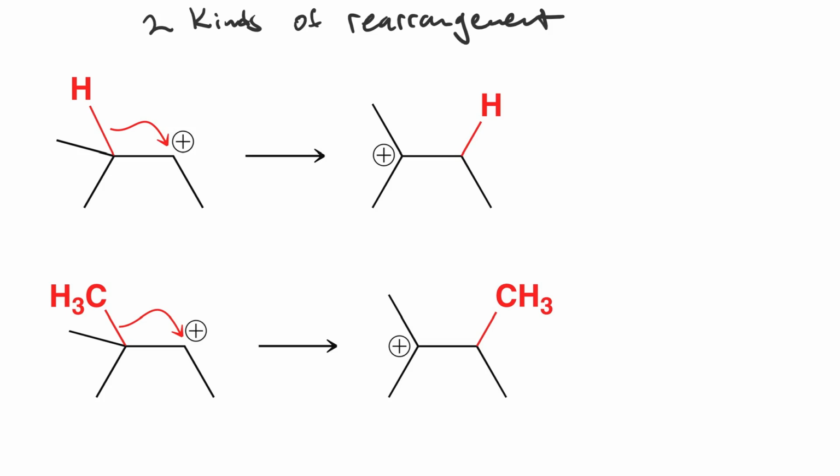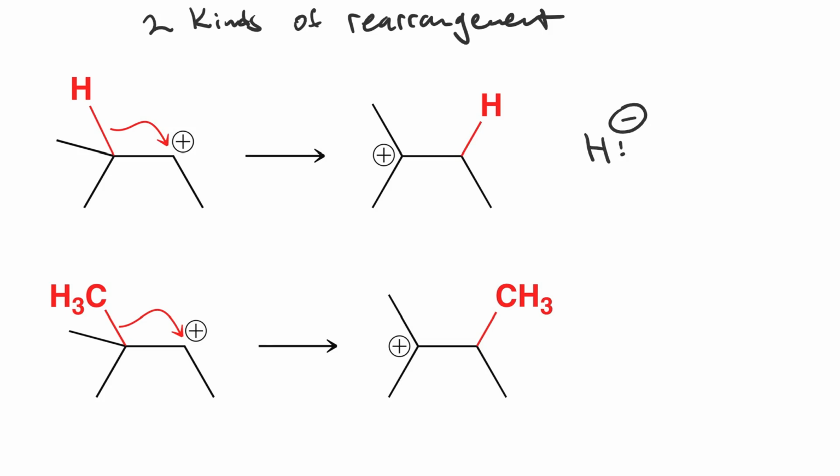There are 2 kinds of rearrangement that will happen to increase the degree of substitution in a carbocation. In the first one, a hydride ion moves from an adjacent carbon to the carbocation. This shifts the positive charge from the carbon on the right to the carbon on the left.